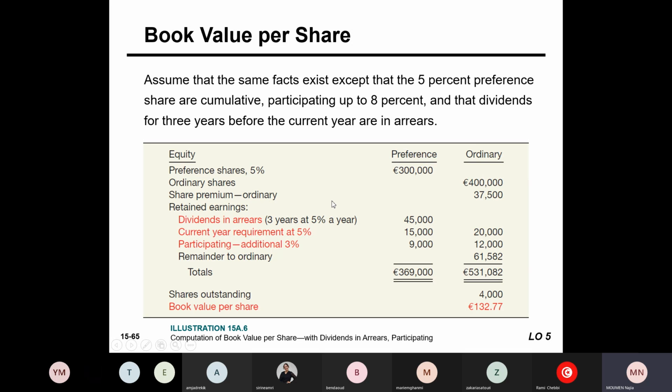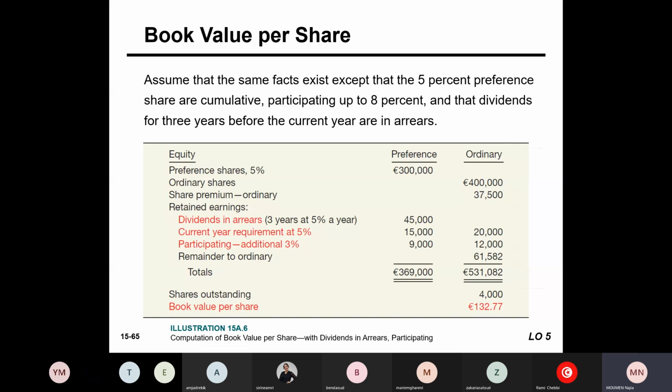So 5% times 300 is 15, times 3 years is 45. This is the dividend scenario. Then we should also consider the current period, which is 5%, so 15,000. That's 60,000.